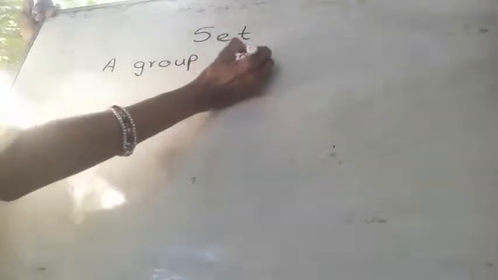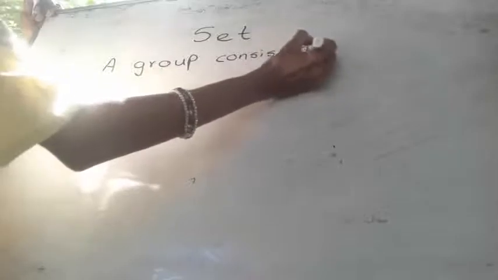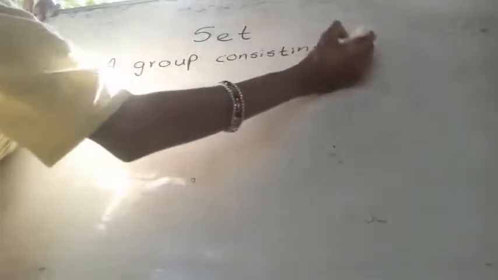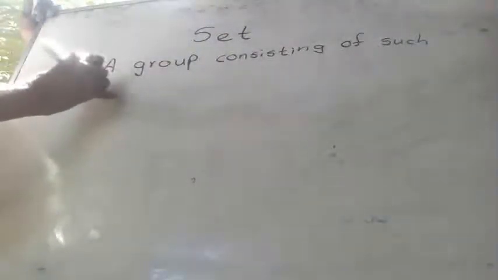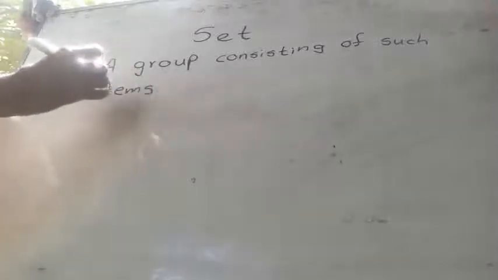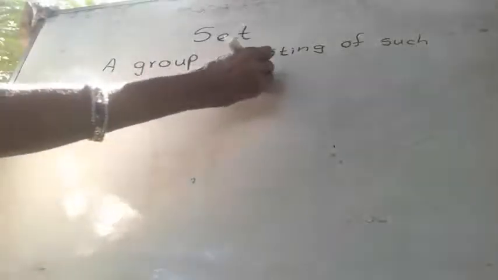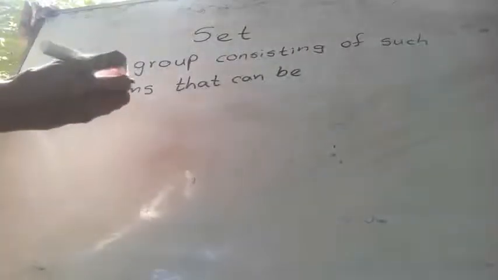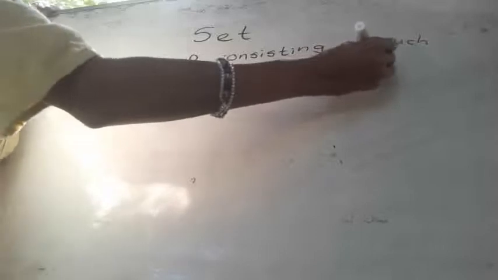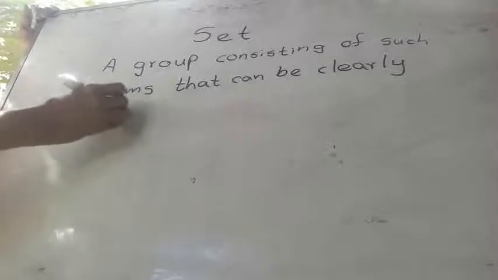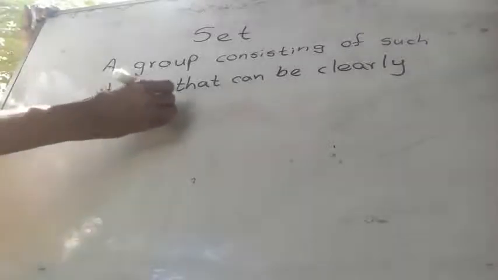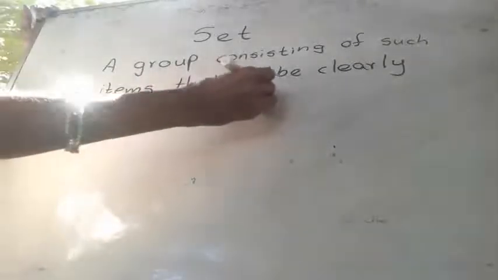A group consisting of such items that can be clearly identified is called a set.